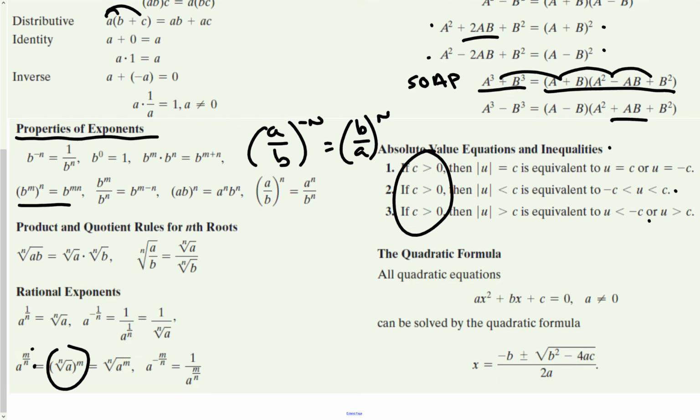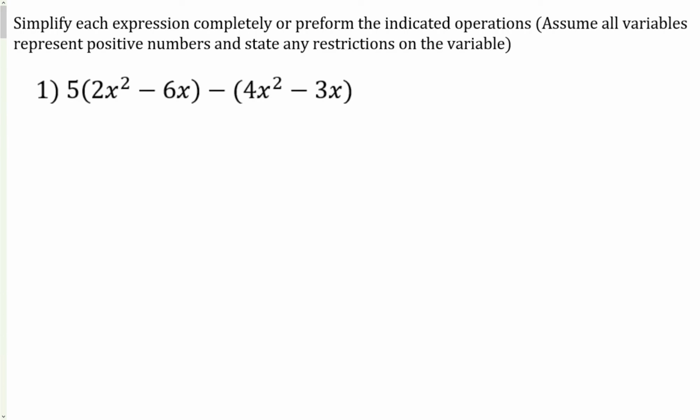All quadratic equations, even the ones that factor, even the ones that you should use a different technique for, anything with an x squared can be solved by negative b plus or minus the square root of b squared minus 4ac all over 2a. So those are all our formulas. Let's jump into these questions.